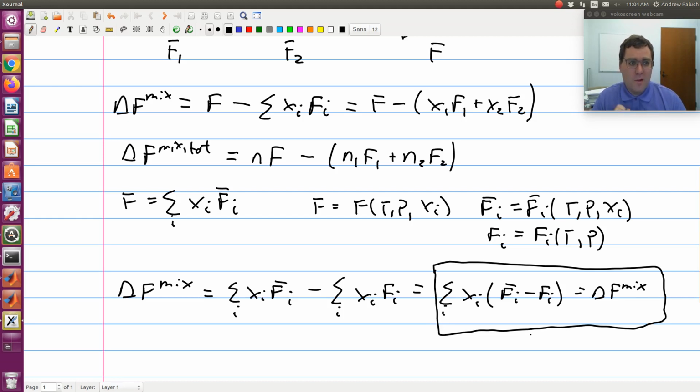If molecule 1 likes molecule 2 more than it likes itself, and that 1-2 pair interaction is more favorable than 2 interacting with 2, it's going to have a lower internal energy or lower enthalpy.